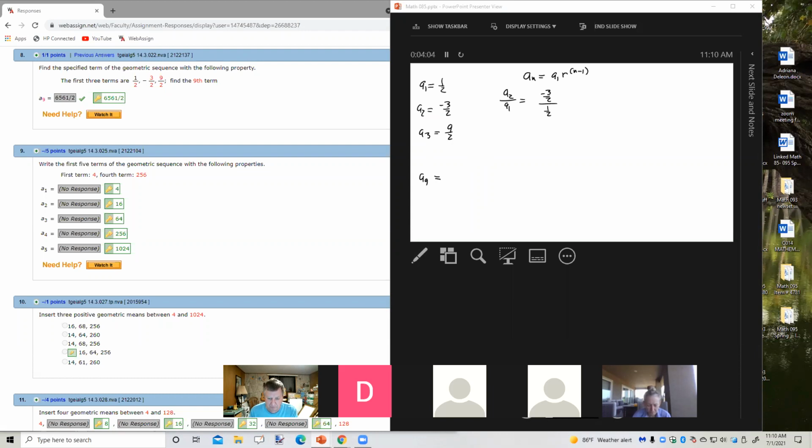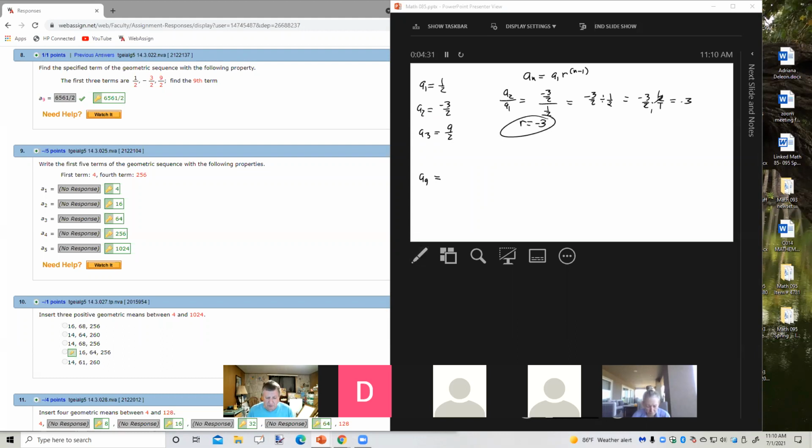That equals -3/2 times the reciprocal, 2/1. Dividing by a fraction is like multiplying by its reciprocal. This reduces down to -3. So r equals -3.